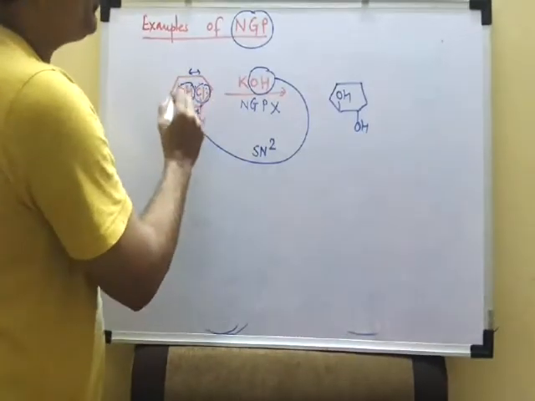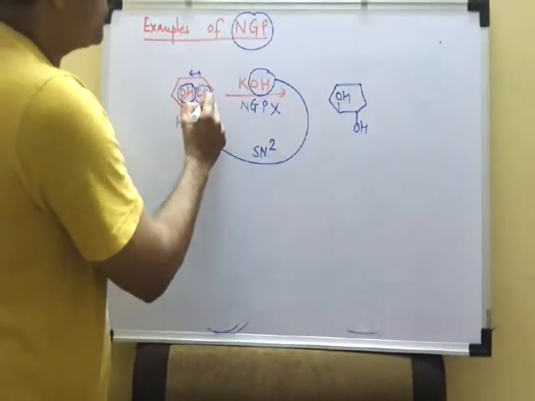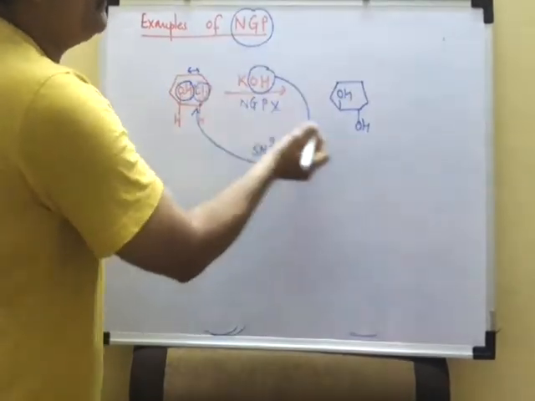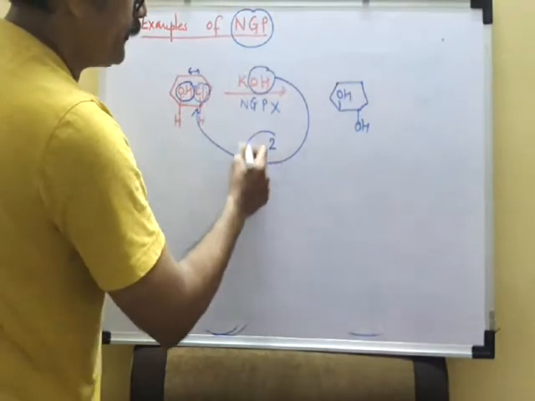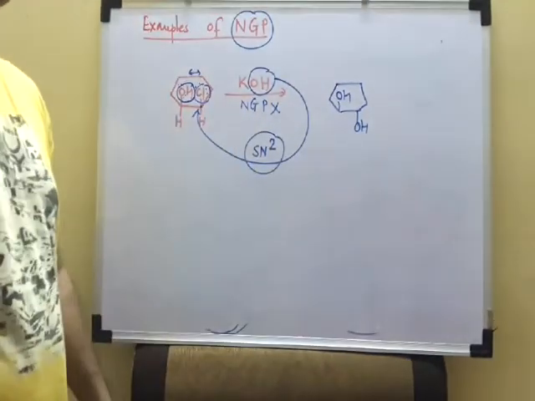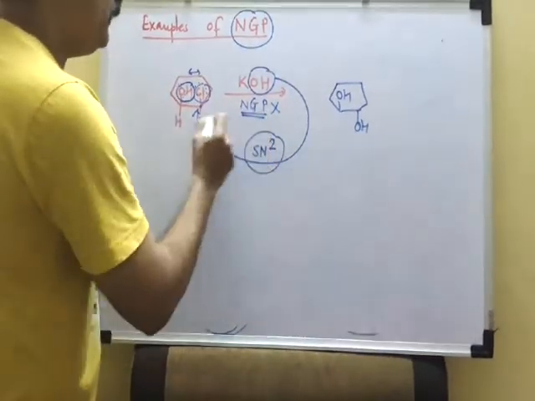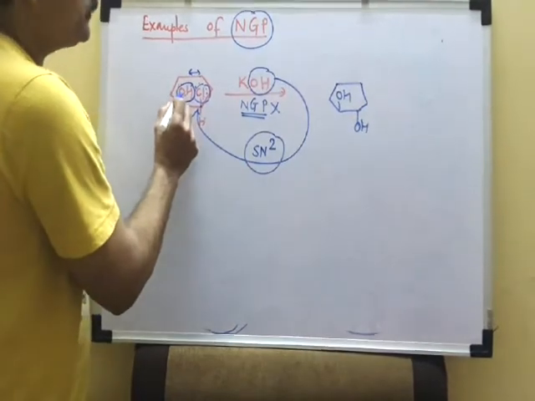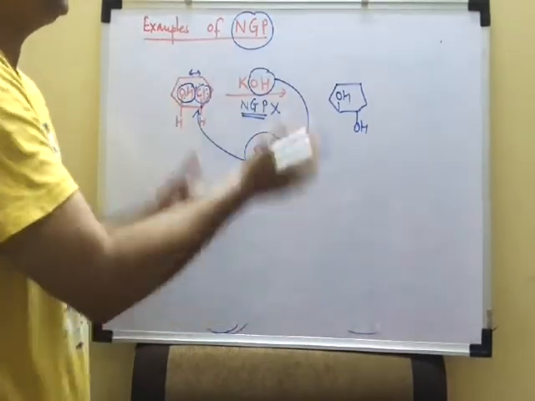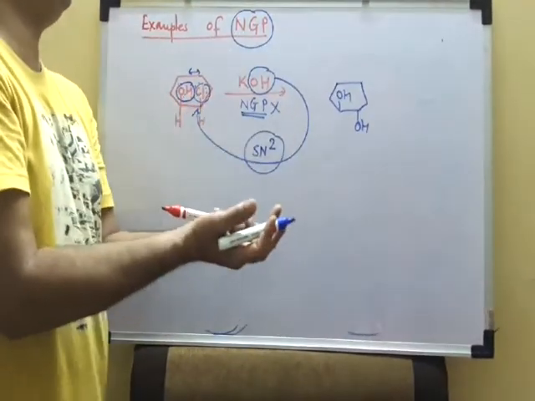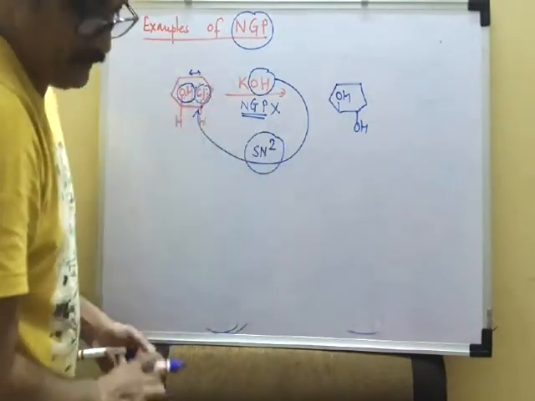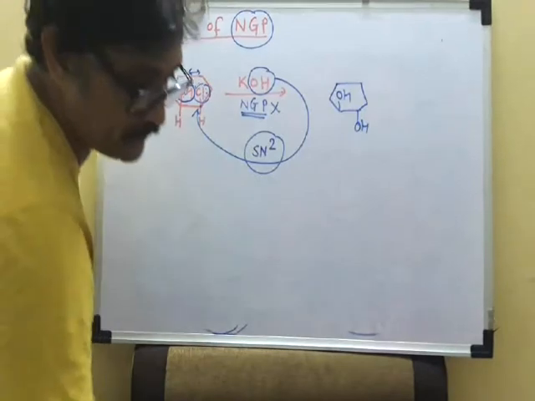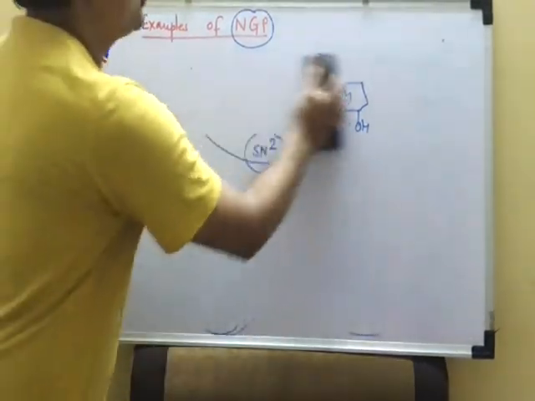So the arrangement of Cl was from upper side, and the incoming nucleophile is coming from the downside. So it is following SN2 path and not NGP. For NGP, leaving group and the internal nucleophile must be toward opposite sides, otherwise there will be no NGP. It will follow only SN2. That I wanted to clear here in this example. Thank you so much.